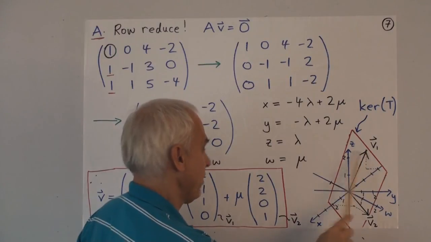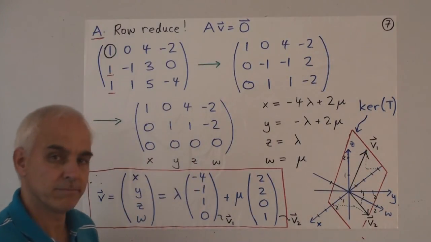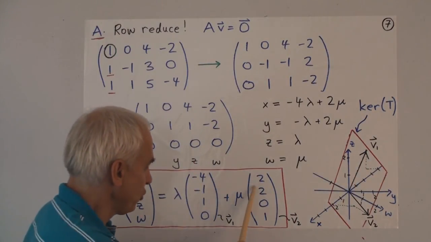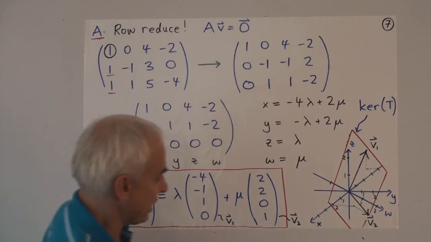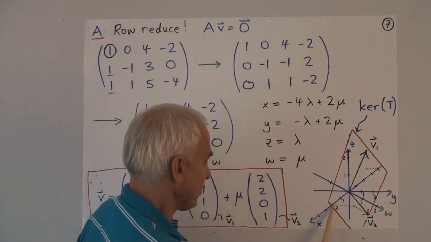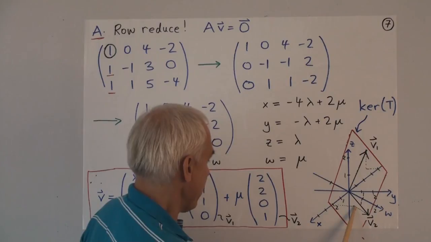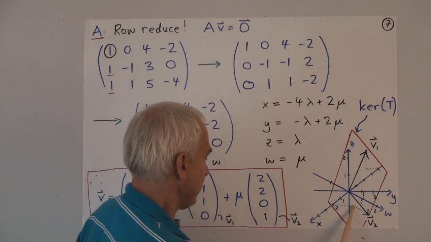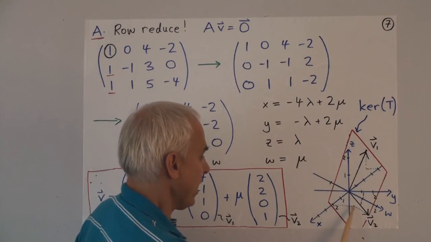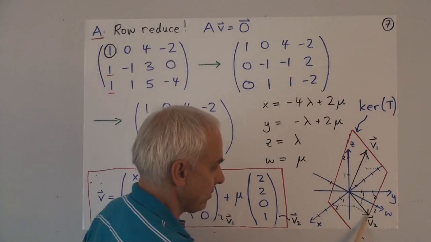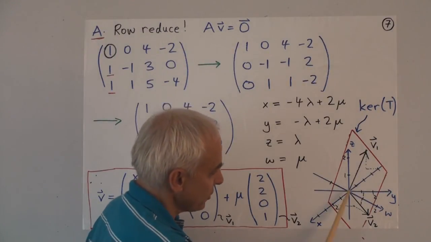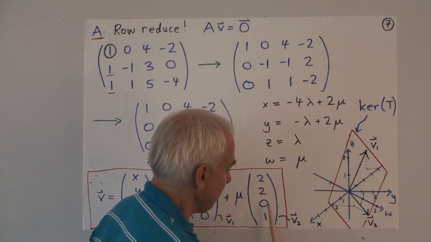So that's the vector v1, that one there. And the vector (2, 2, 0, 1) would be represented by going 2 in the x direction, 2 in the y direction, 0 in the z direction, and then 1 in the w direction. That's down there. So that vector there, that's the vector v2.